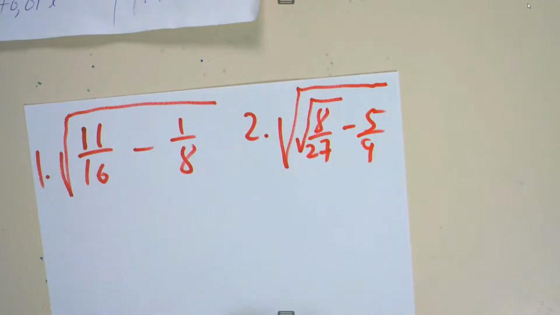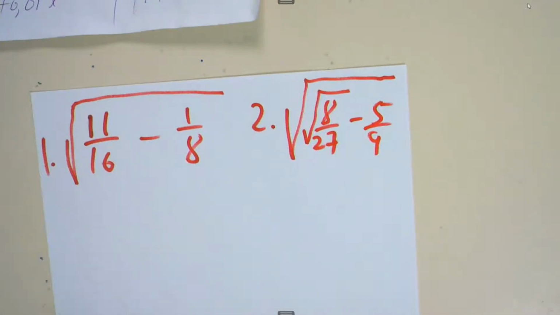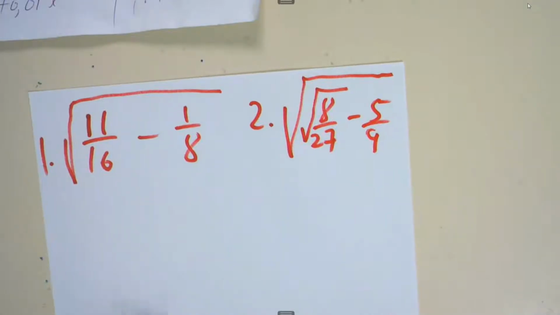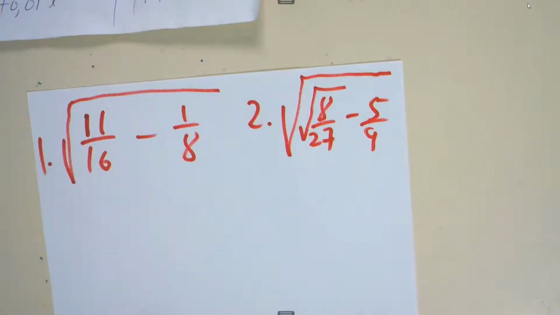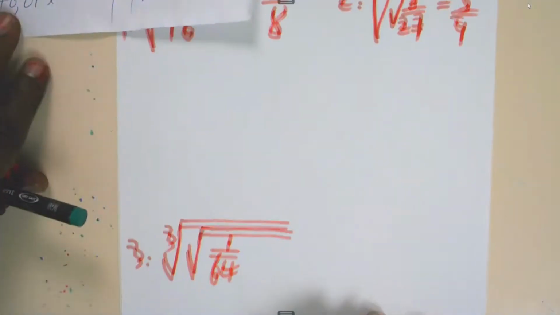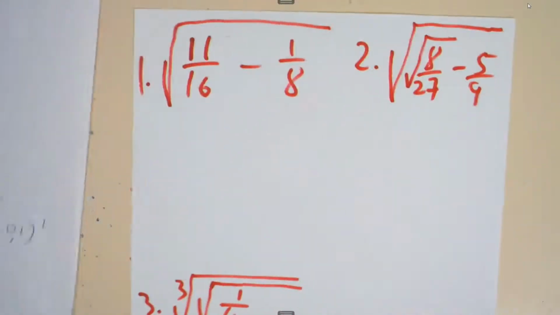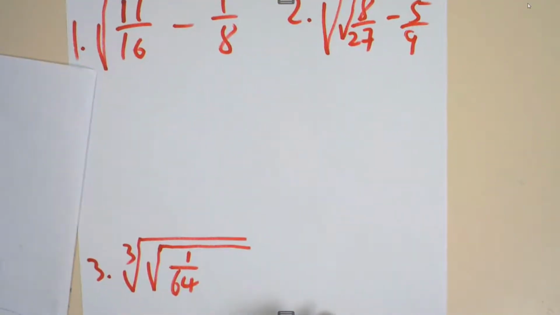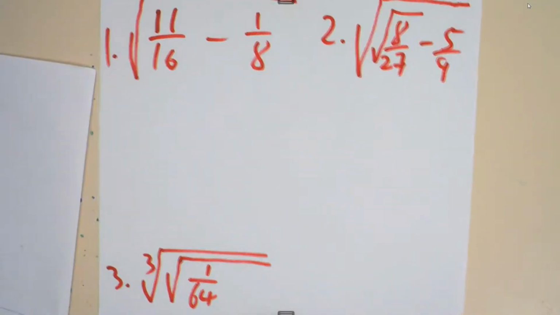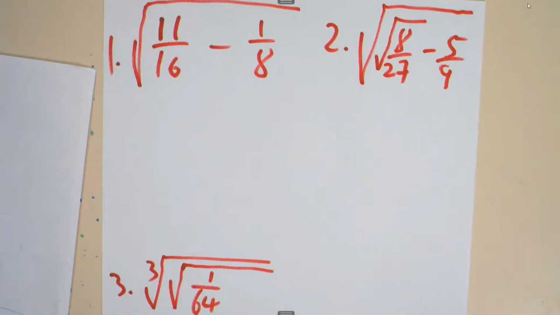Then the third one, cube root of 1 over 64. All right, those are the 3 questions.